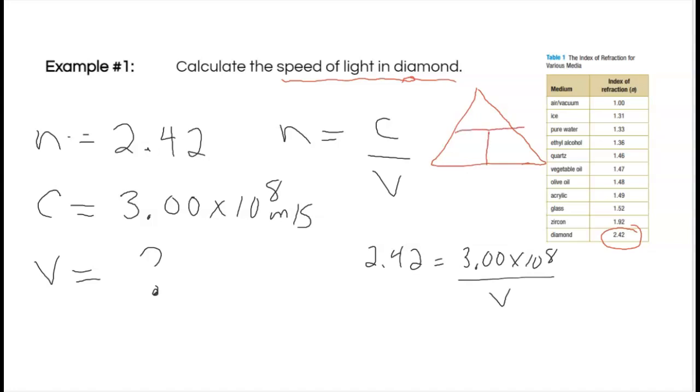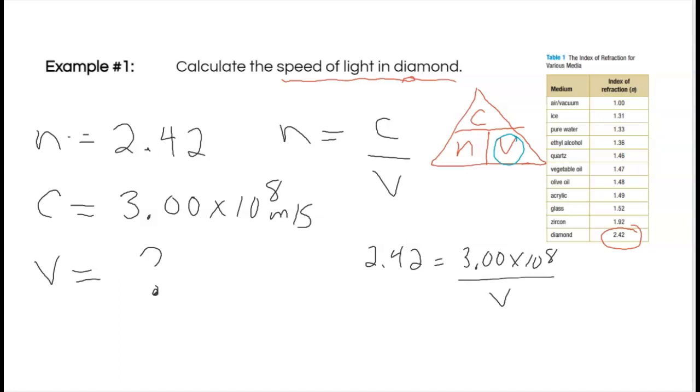So if you'll remember this hopefully from density, the way that this would work is n is here, c is here, and v is here. And so if I'm looking to solve for v, which in this case I am, then the equation would rearrange to c divided by n. I just kind of hide the v.